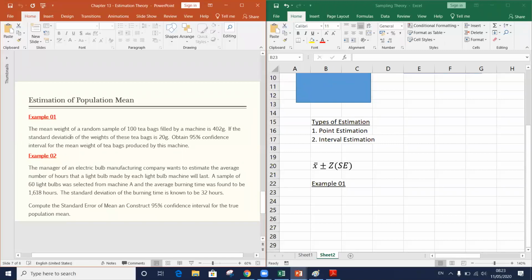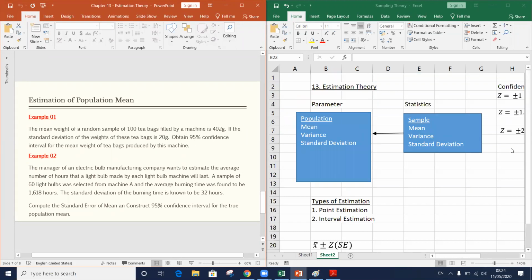If the standard deviation of the weights of these tea bags is 20 grams, standard deviation එක gram 20ක් වුණොත් what we need to find? Obtain 95% confidence interval.